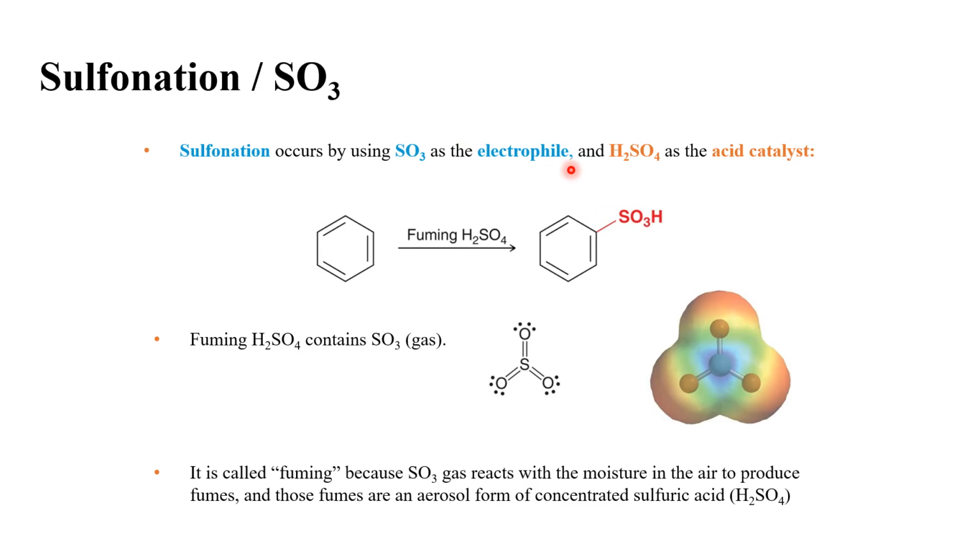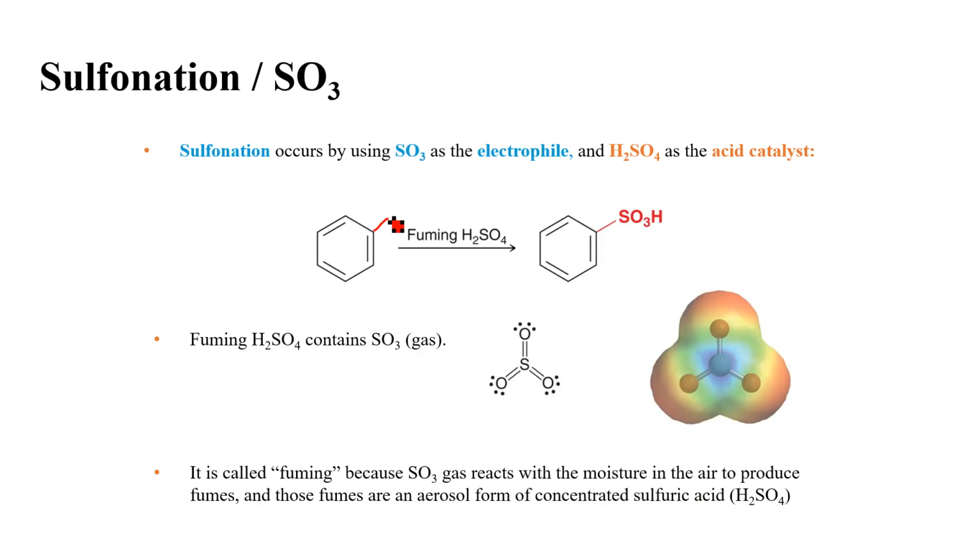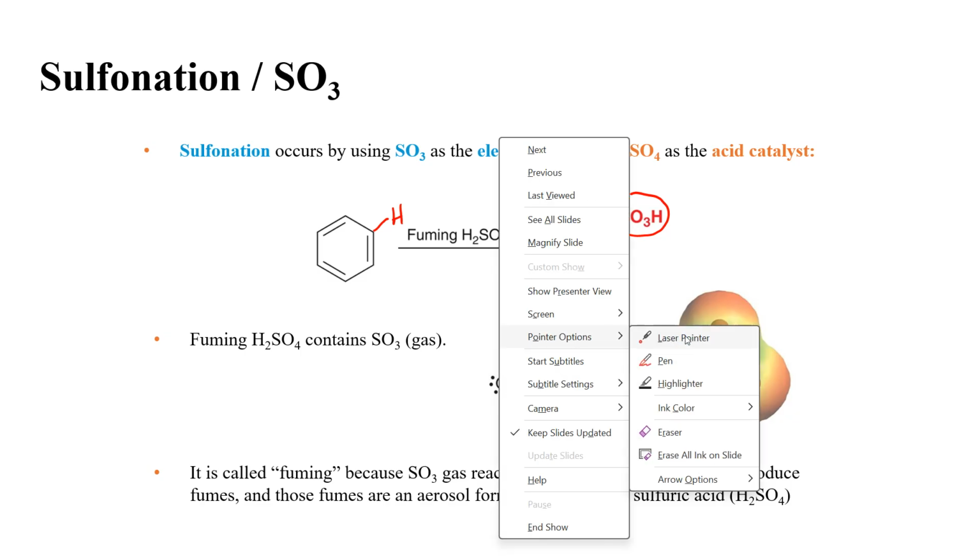Okay, so SO3 is the electrophile, and you use sulfuric acid as an acid catalyst. Basically, what's happening is you're substituting this proton, just like any other EAS mechanism, this one right here, with an SO3H.